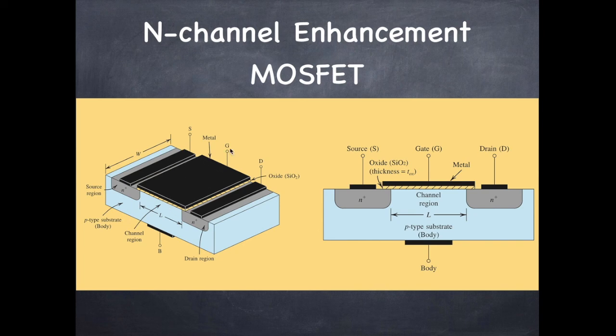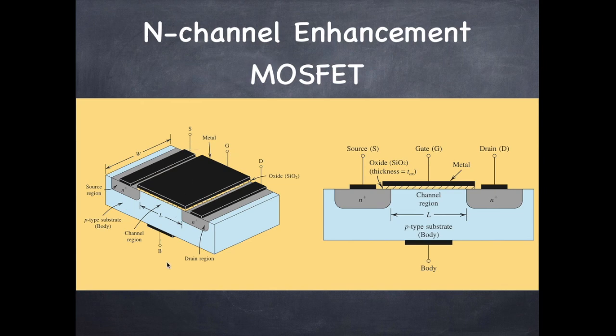The metal contacts are also made to the source region and the drain region plus the substrate, that is the body. So four terminals are brought out: the gate terminal, the source terminal, the drain terminal, and the body terminal or substrate terminal. We call it B. So we have S, G, D and B terminals.